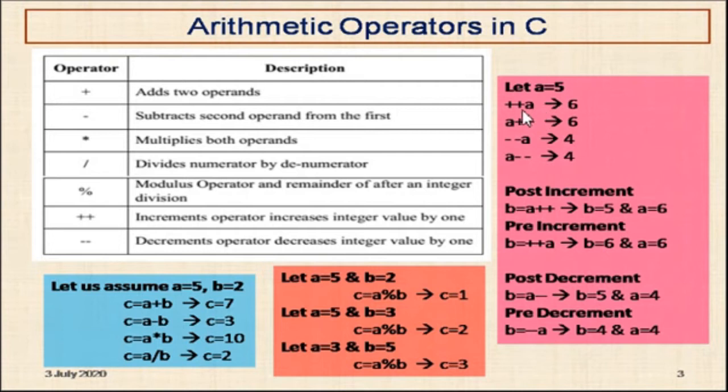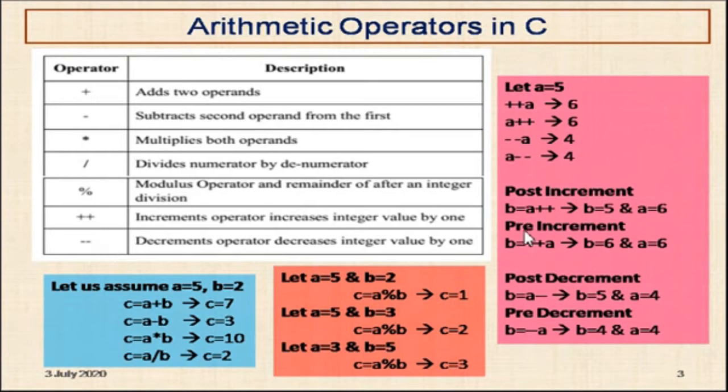So 5 is incremented by 1, so 6. A plus plus, 6. Minus minus A, 4. A minus minus, 4, because this is the decrement operator, which decrements the value of A. 5 decremented by 1 is 4. In all these operations, only one operand or one data is involved, so these two operators are called unary operators.